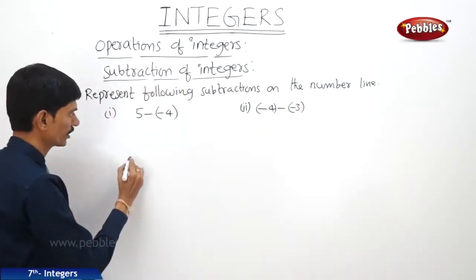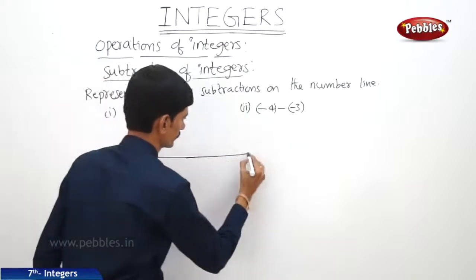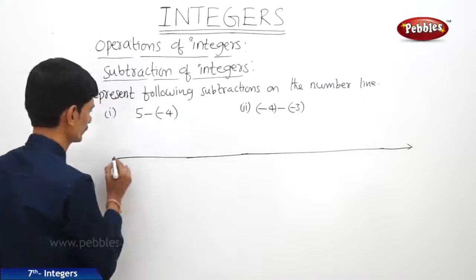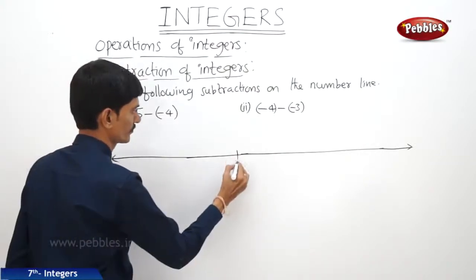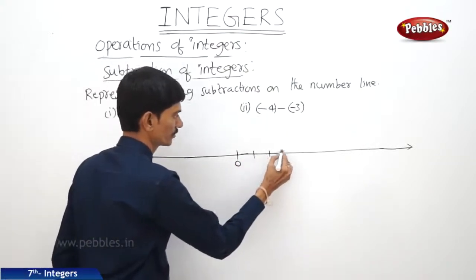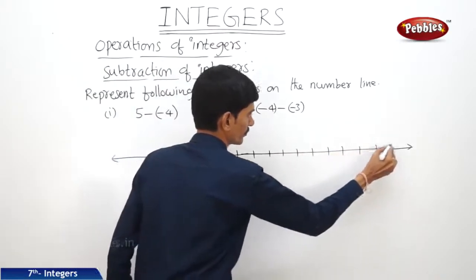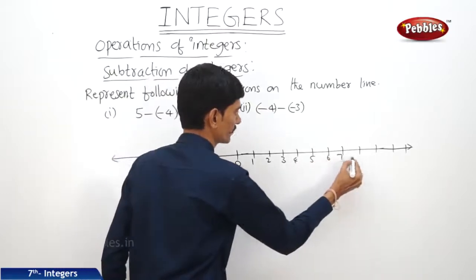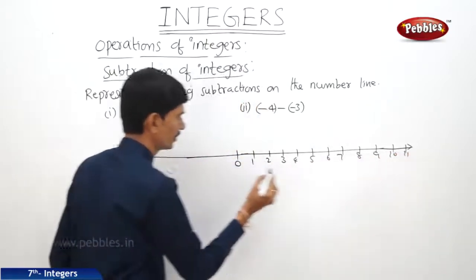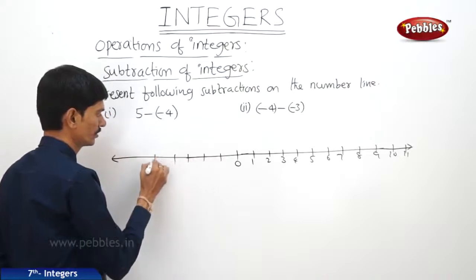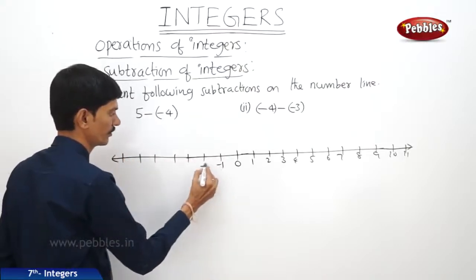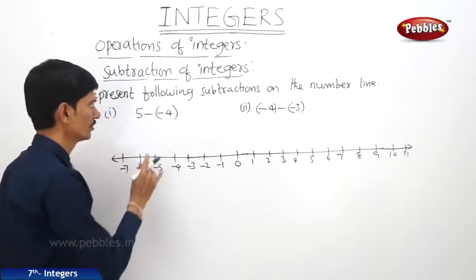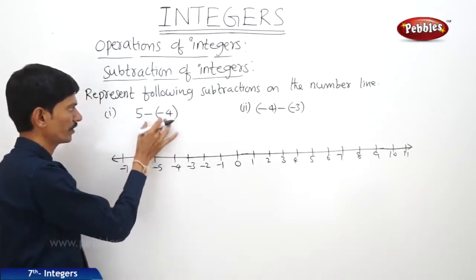And first let us draw the number line. Zero. So right side to the 0, 1, 2 positive integers, 1, 2, 3, 4, 5, 6, 7, 8, 9, 10, 11, and left side to 0 we take negative integers, minus 1, minus 2, minus 3, minus 4, minus 5, minus 6, minus 7, and so on. So first we take 5 minus of minus 4.